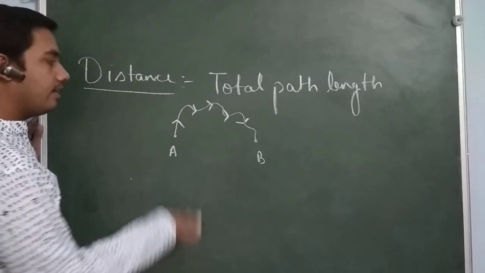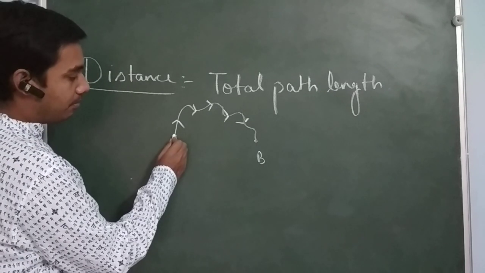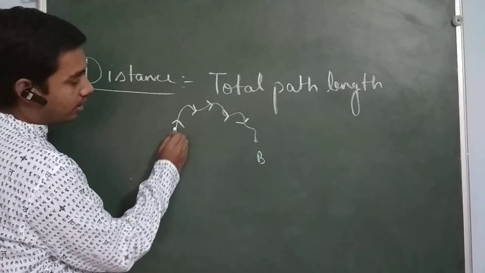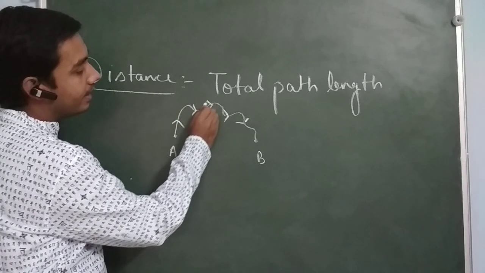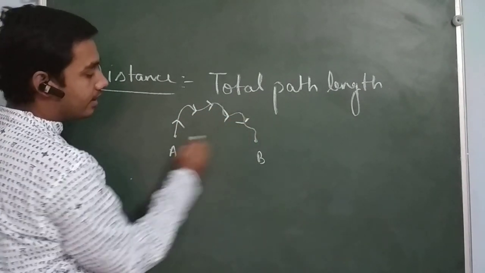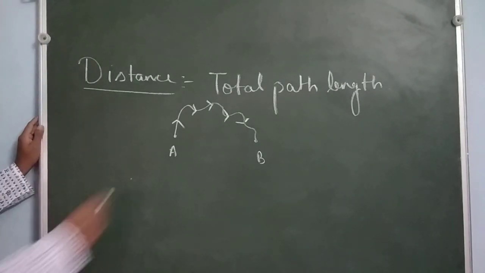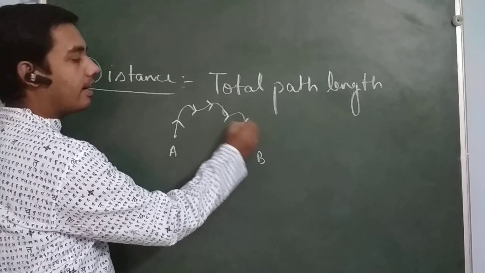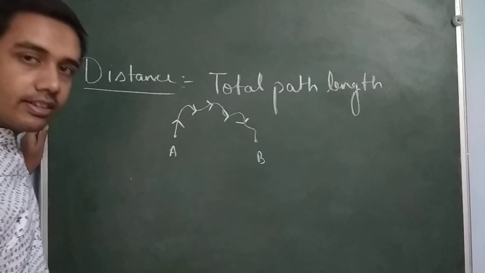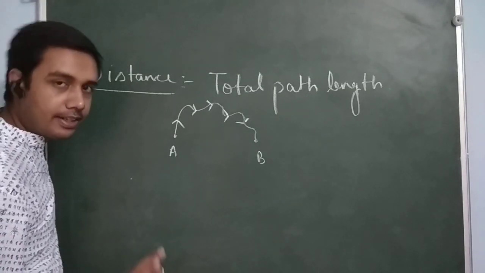I will say the distance covered by me will be equal to the total path length that I am traveling in order to reach from point A to point B. Suppose the total path length is 100 meter, so my distance covered will be 100 meter.